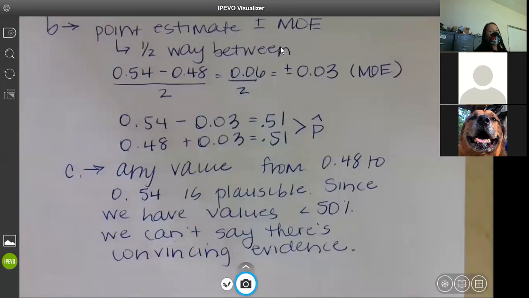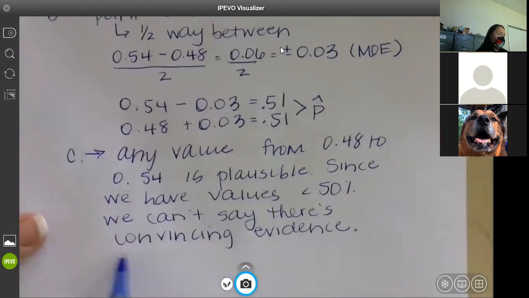Okay, so what if my interval was 0.51 to 0.61? Yes, because everything is above. So as long as it's above or it is included in that interval, there's nothing below, we're fine. What they'll give you is like a, I don't know, like 68%. And if it's not in that interval, we can say there's not convincing evidence, okay? So you're going to see this more as we go through this chapter.